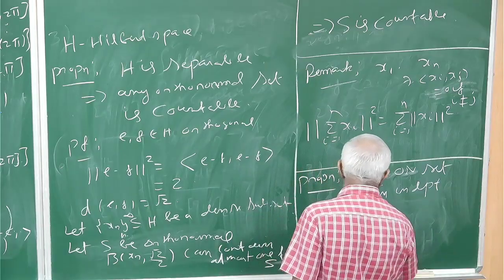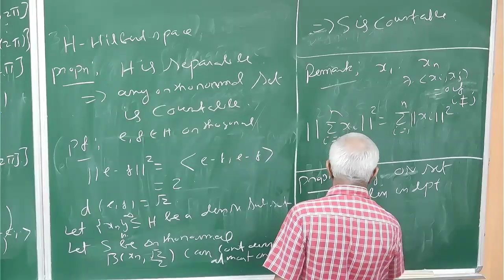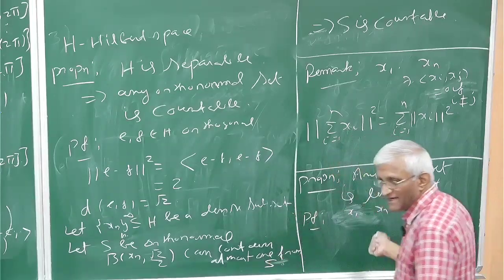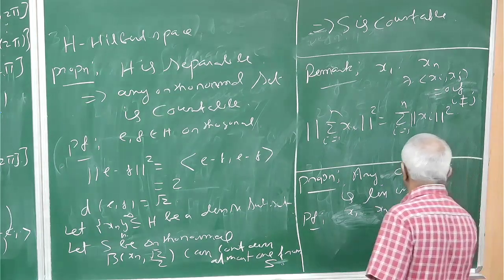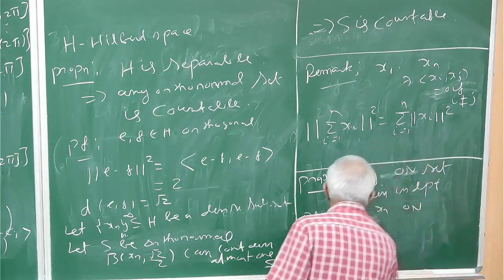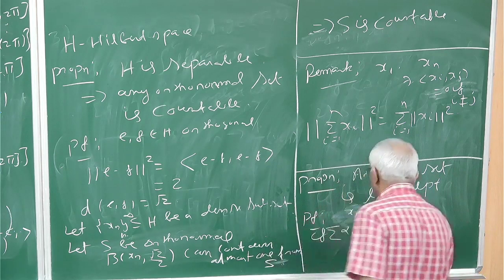Suppose x1 up to xn are orthonormal. To consider linear independence, we need to consider only finitely many linear combinations. Suppose the summation of alpha i xi equals 0.